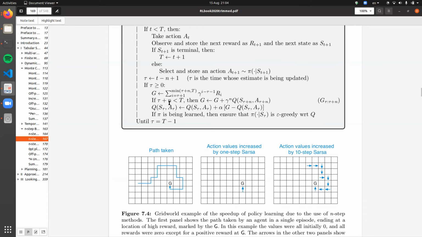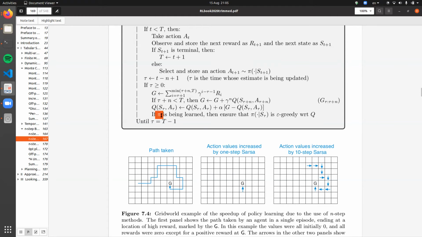Then, if the final time step we're considering is not terminal, we add a discounted action value estimate for the state action pair at time step tau plus n, and we do an update for the state and action pair at tau.